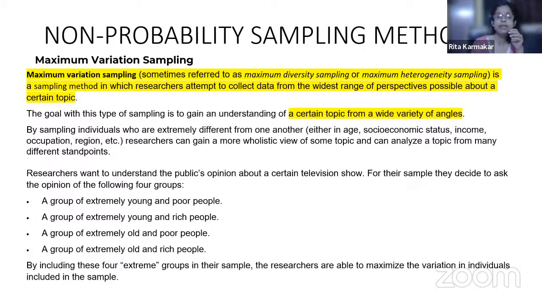It is something like when a researcher is trying to understand public opinion about a particular television show. Even if it's not a television show, say public opinion of a particular movie. Recently we all almost watched the Jawan movie. So if you want a public review of the movie Jawan, right?